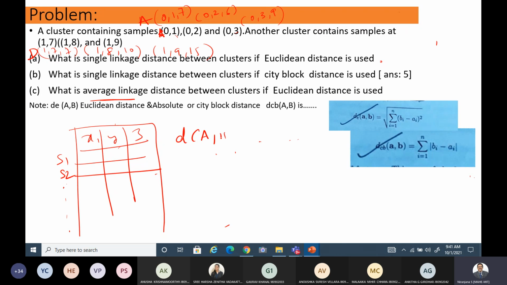Can you tell me now? Using city block distance. CB indicates city block, or it is the absolute difference. How to calculate this? Any one of you calculate and tell me. The procedure is similar, only thing is I just extended one more feature here.